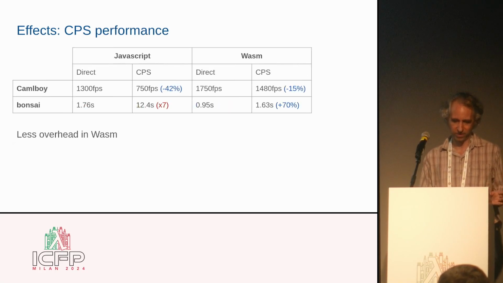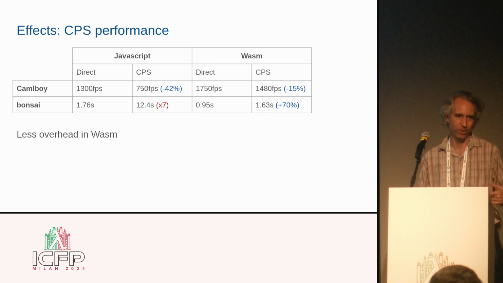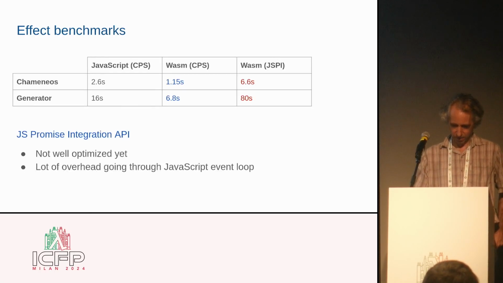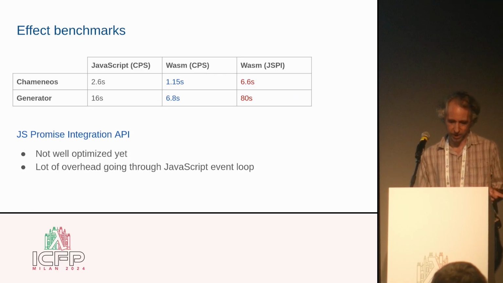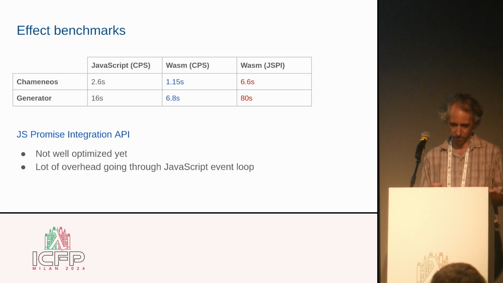However, the performance in JavaScript can be really low. For Bonsai, it's 7 times slower after CPS transformation. And in WASM, there is less overhead. It's only about 70% slower. And I have tried to compare the two implementations of effects in WASM.